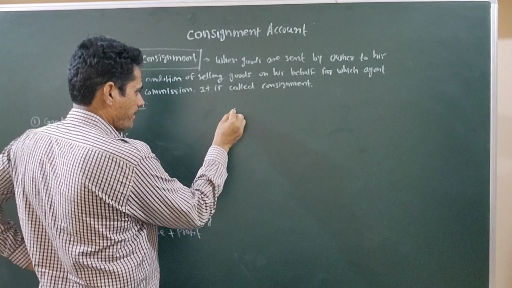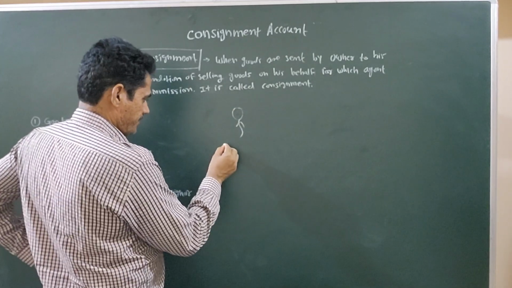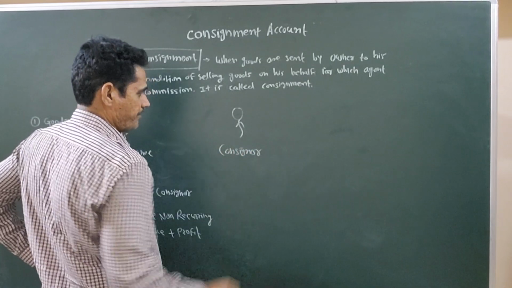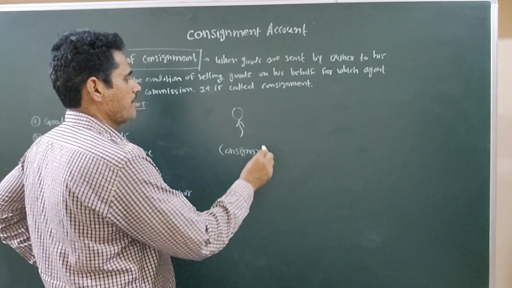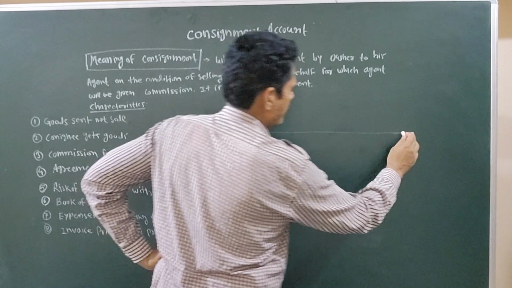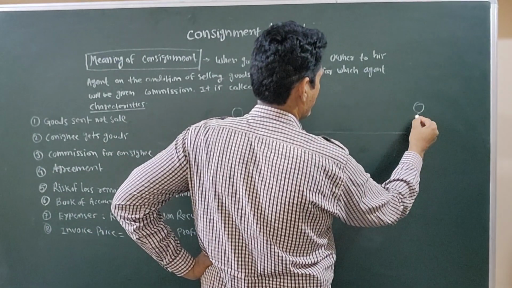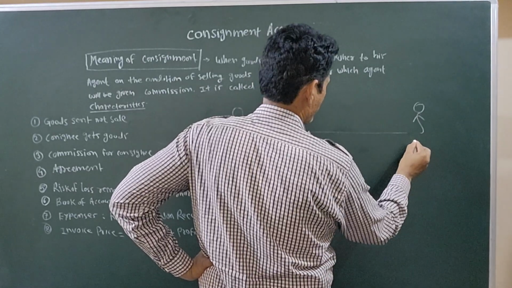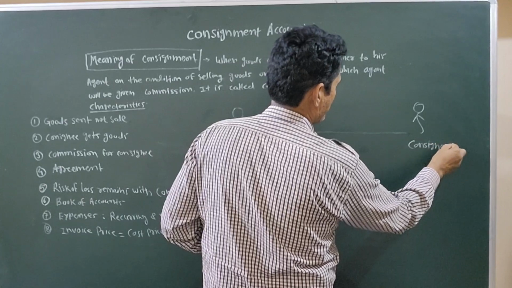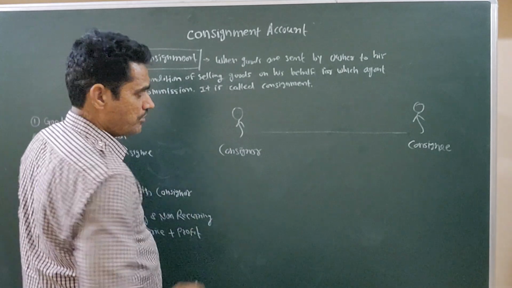Here is the consignor, the owner. Here is the consignee.